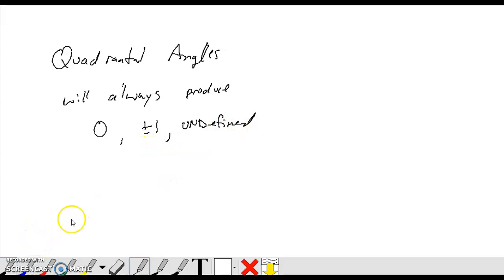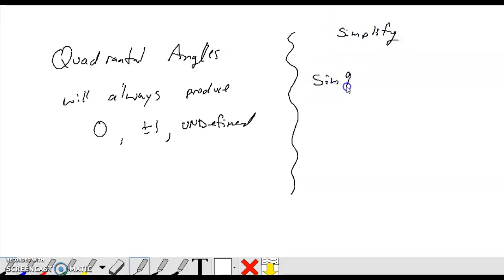And how can I use this, right? What I now can do is I can actually simplify an easy problem. So let's say I'm going to simplify sine of 90 degrees, and then I'm going to add that with the cosine of 180 degrees, right? Easy peasy. So sine of 90 we've already done.